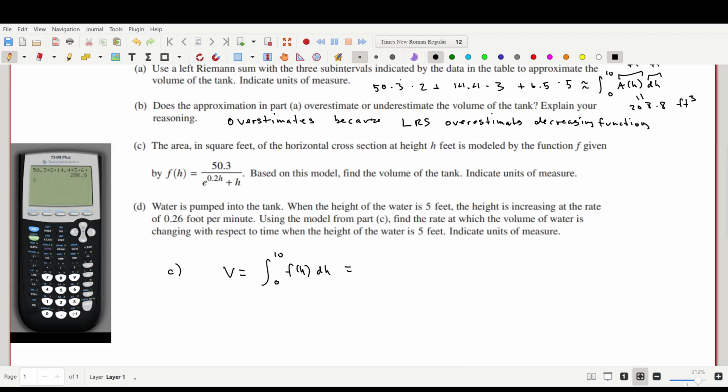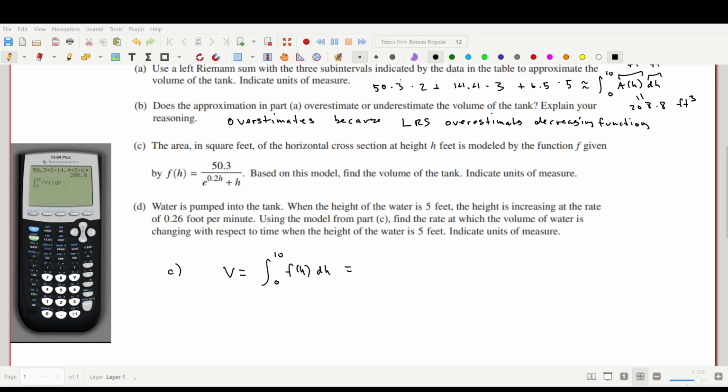I would dump f into my calculator. So let's go to y equals. y1 is going to be 50.3 over paren e to the 0.2h plus h, right? And then quit out, math 9, integral 0 to 10, alpha trace y1 dx.